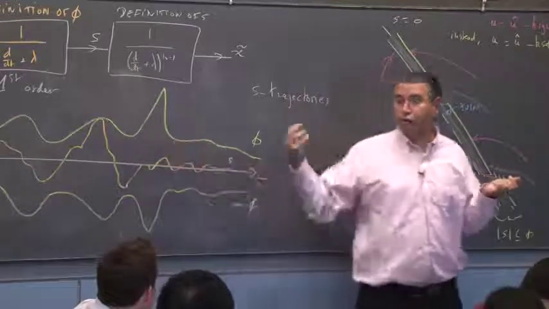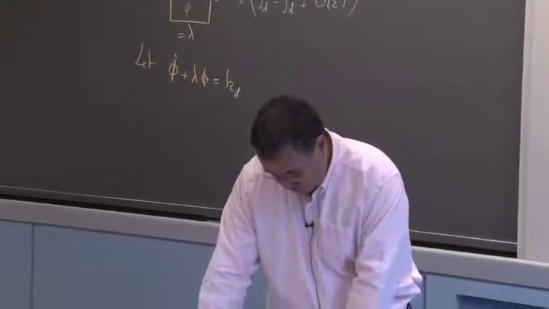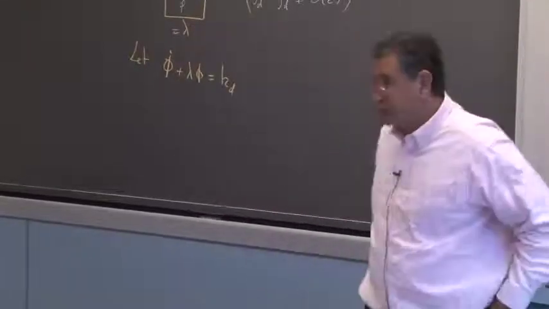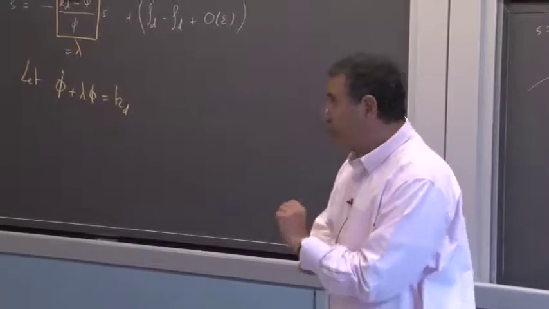And it's all in this one plot per degree of freedom. Okay. So that's a useful tool when you play with these systems. Questions about that?